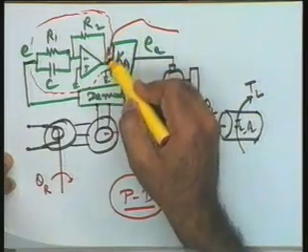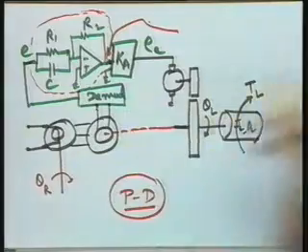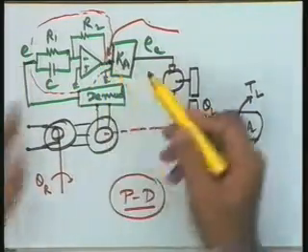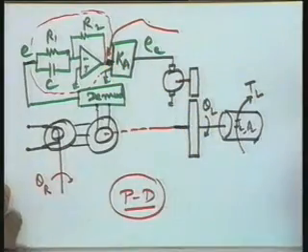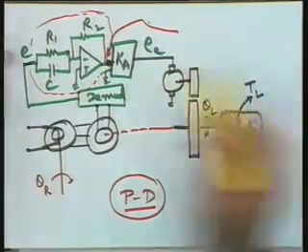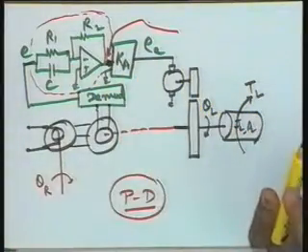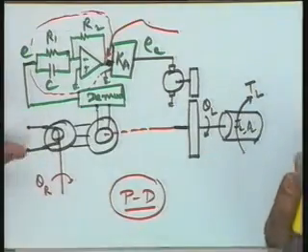Use a suitable inverting amplifier at this point, of transfer function 1, so that the negative sign will be annulled and you will get a positive transfer function over here.